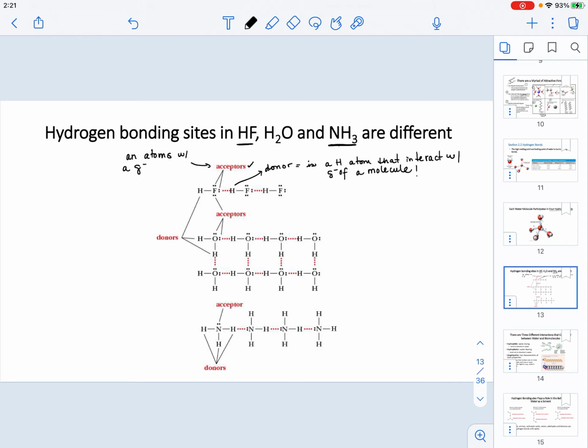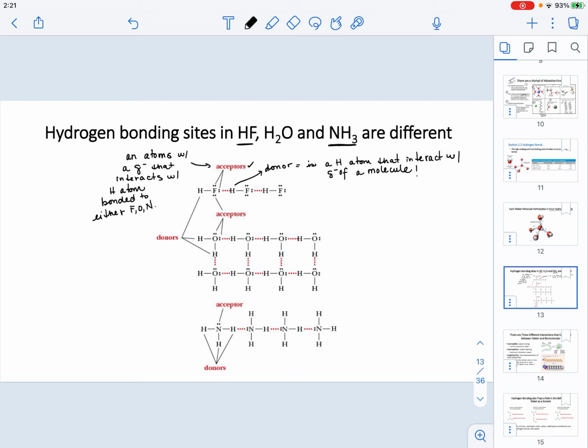In this case, the delta minus is because of the electrons that interact with a hydrogen atom bonded to either fluorine or oxygen or nitrogen.